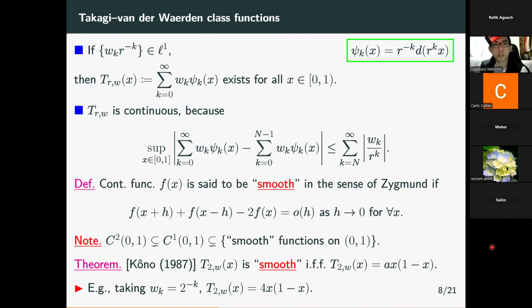We also consider the generalization of Takagi-van der Waerden functions. Let Wk be a sequence such that Wk divided by r to the k is absolutely convergent. Then T^r_W, defined as this summation, exists for all x in the unit interval.